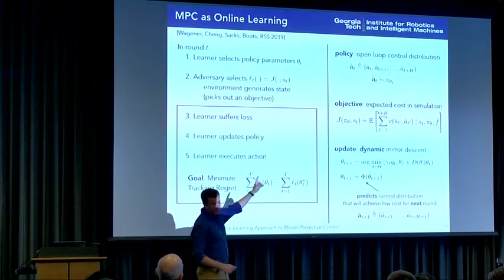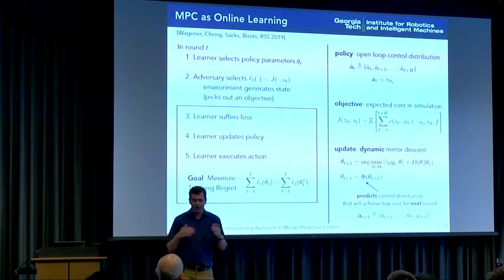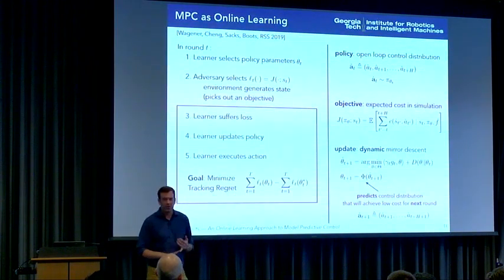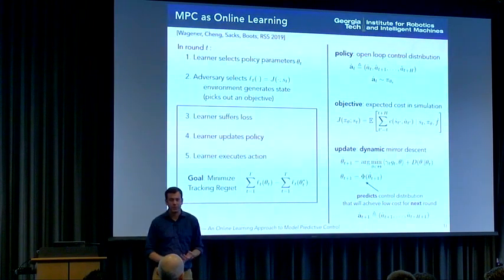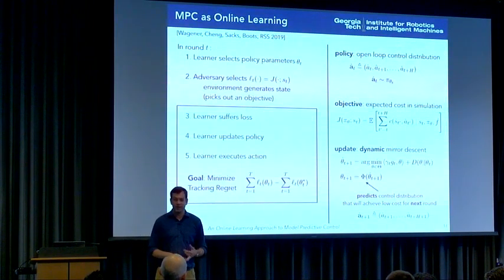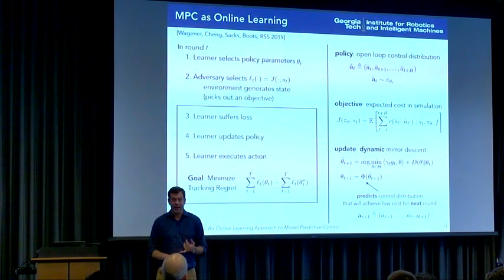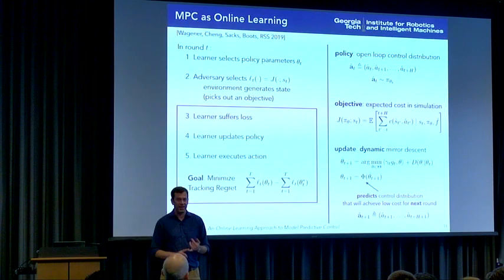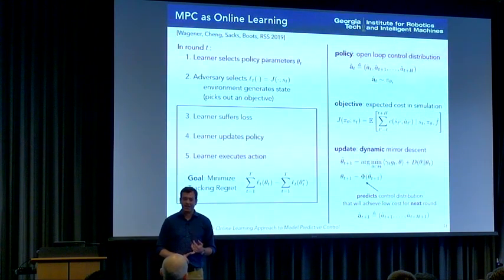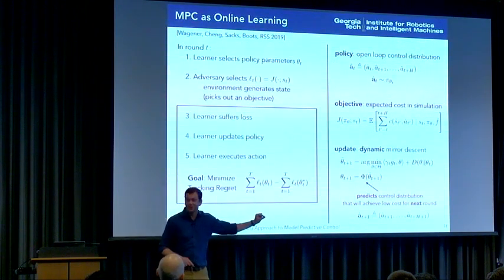So the policy can actually be parameterized any way you want. Let me give you some examples. An example for an open loop control distribution would just be mean and covariance, like a multivariate Gaussian. Another example might be something like a deep neural network, which might be closed loop.